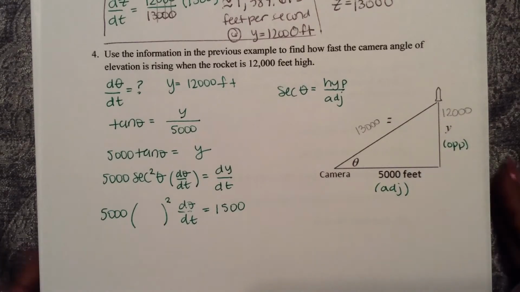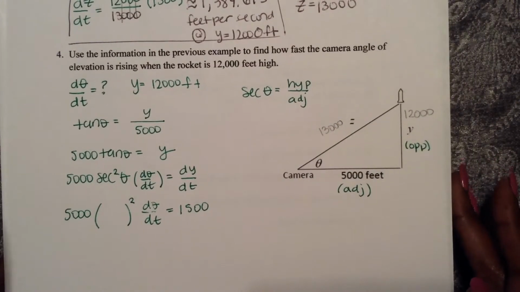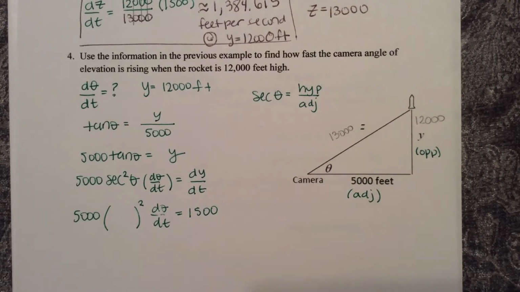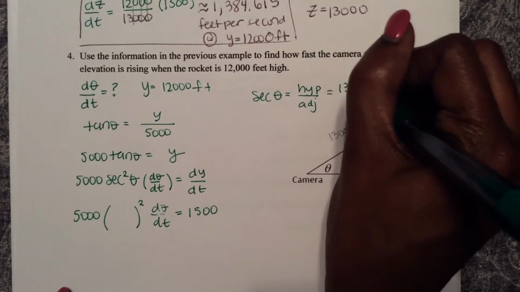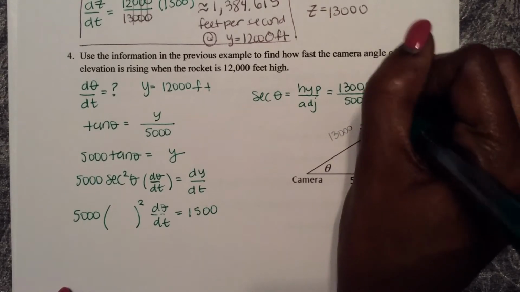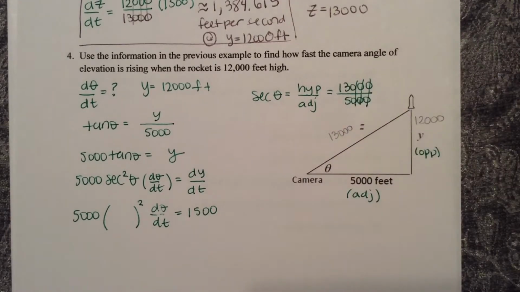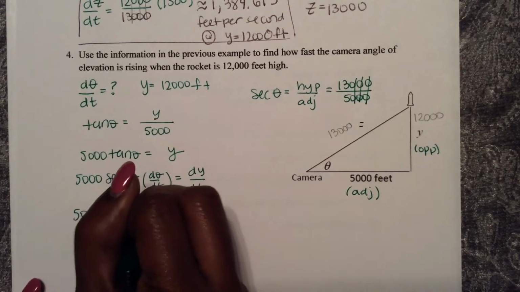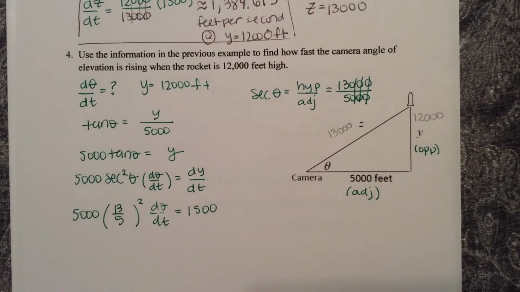So hypotenuse over adjacent would be 13,000 over 5,000. And those cancel. So my secant is 13 over 5 squared.